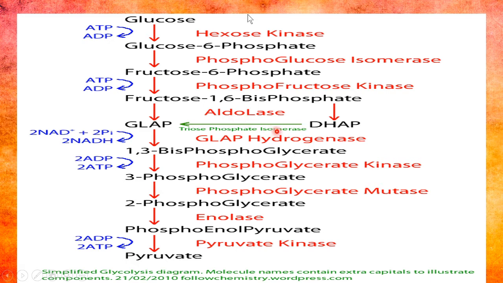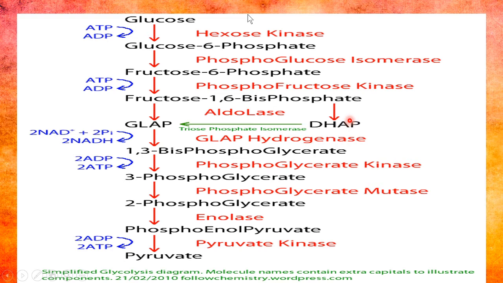Now, the fifth step of glycolysis, or fifth step of the preparatory phase, is isomerization. What happens here? The triose phosphates, namely 3-PGAL, that is 3-phosphoglyceraldehyde, and DHAP, that is dihydroxyacetone phosphate, are isomers of each other and are interconvertible.